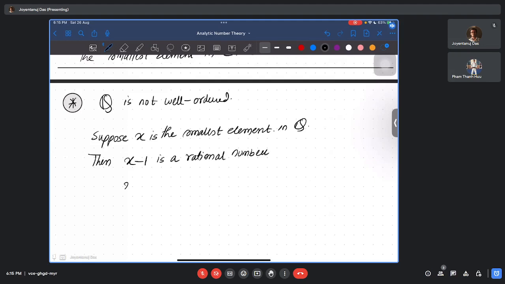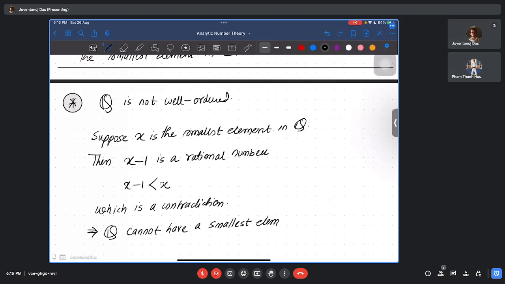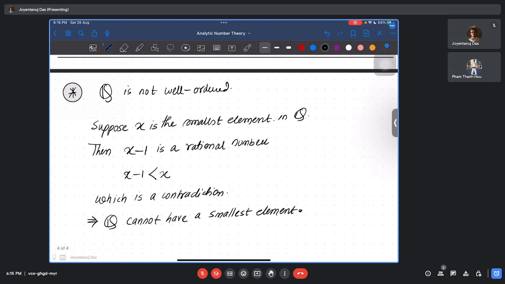But x minus 1 is strictly smaller than x, which contradicts the minimality of x. So this shows that Q cannot have a smallest element, so Q is not well ordered.